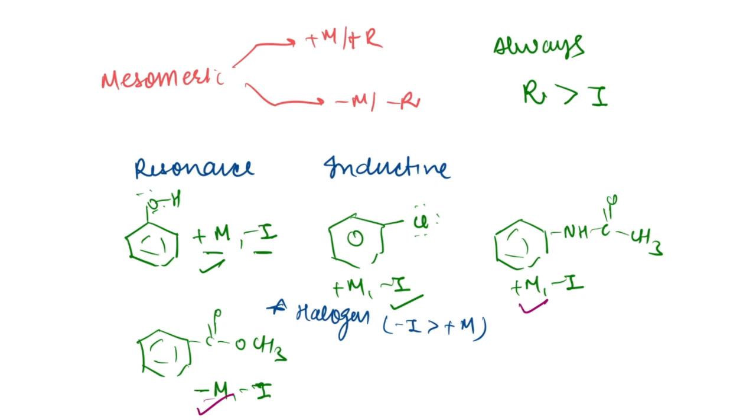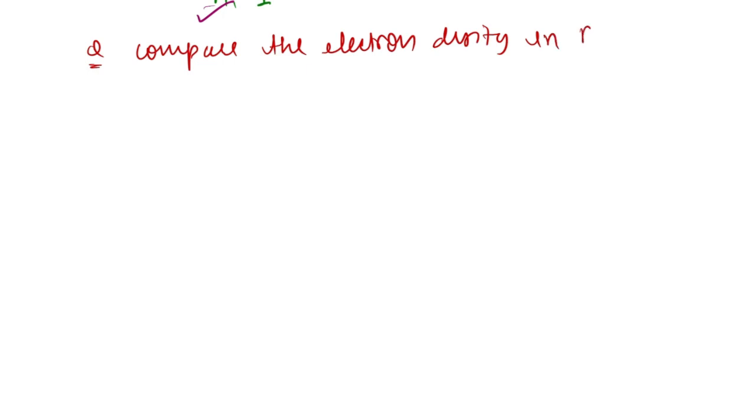Now let's talk about some examples. Compare the electron density in the benzene ring. Let's solve some problems.